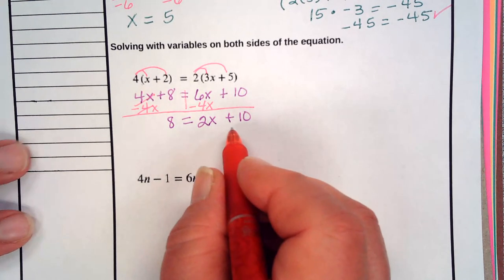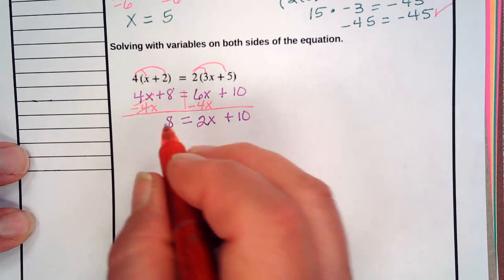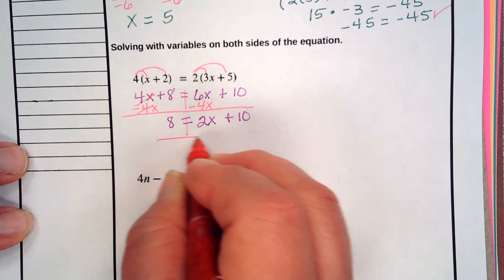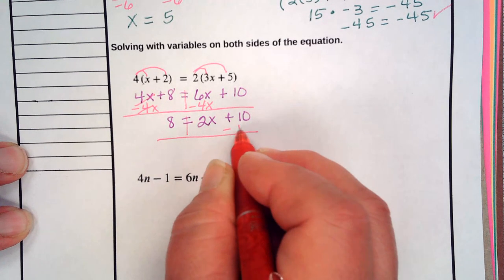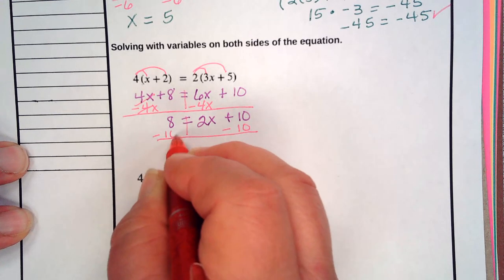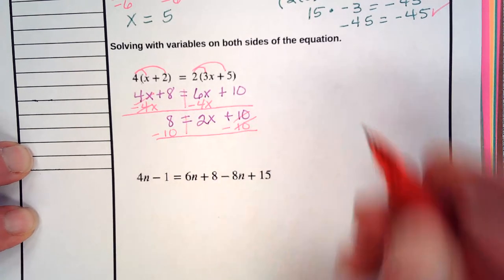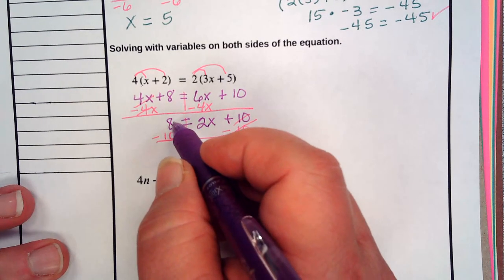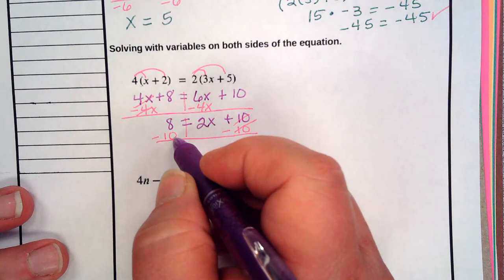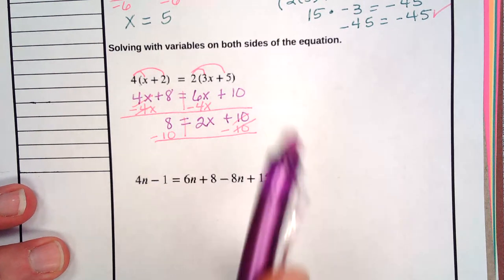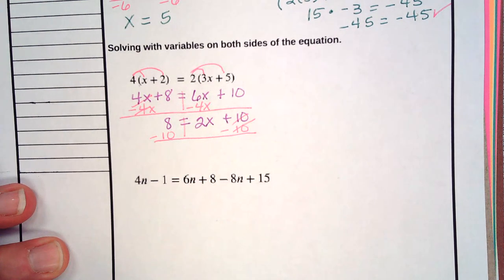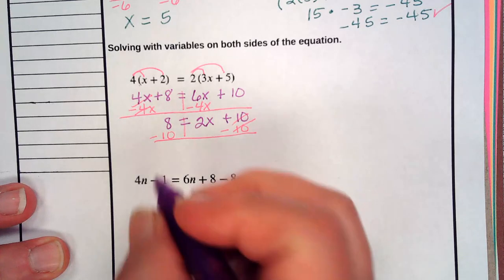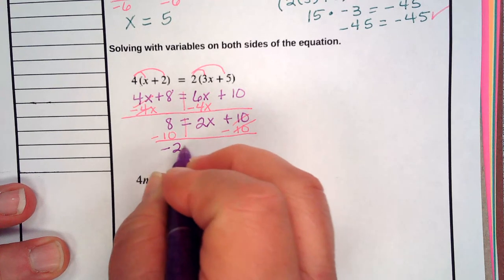Well, I've multiplied by 2 and then added 10, so I need to undo that added 10. So I will subtract 10 from both sides. I have eliminated the 10. 8 minus 10. Think of our number line. I'm at 8. I go clear down 10 spots, and that gives me a -2.